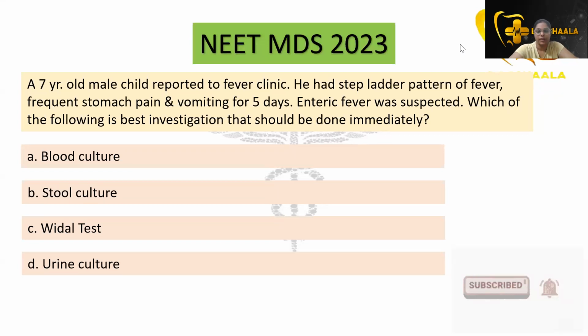Since the patient is reporting only after 5 days, he might be in the first week only. So first of all, we have to take the blood culture. This itself will come positive. Then we can give treatment with antibiotics and cure the symptoms accordingly. Okay.